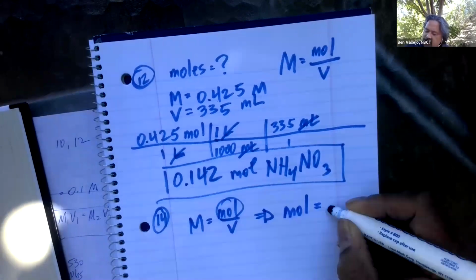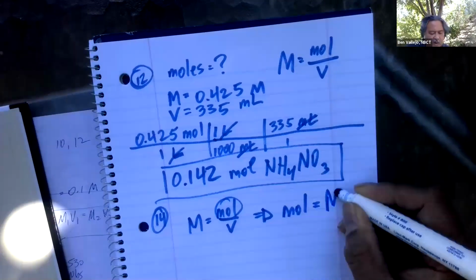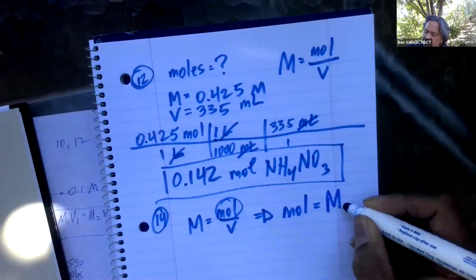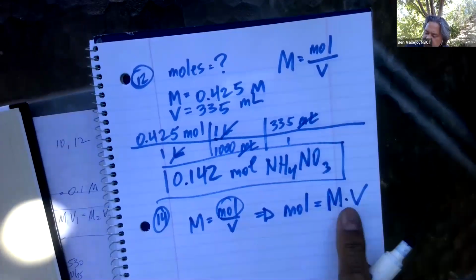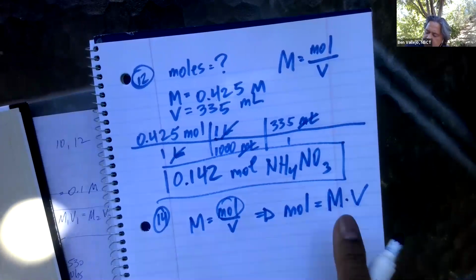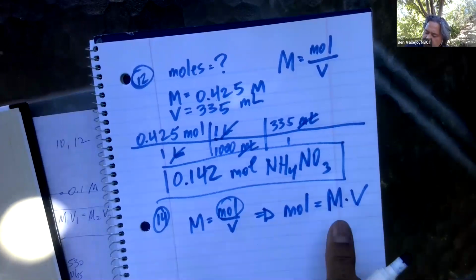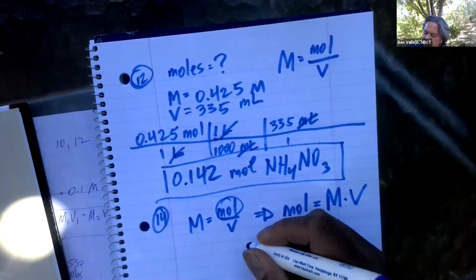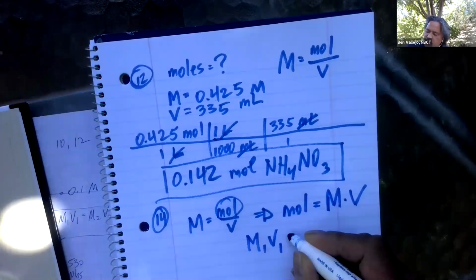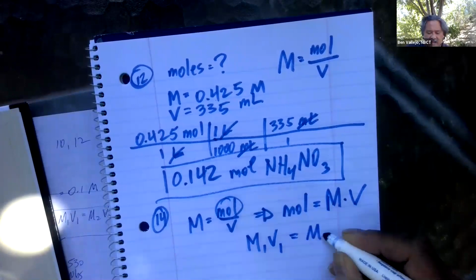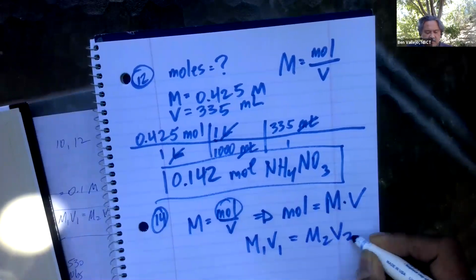But if that's the case, then if we have two different solutions, M1 V1 is going to be equal to M2 V2. And we can cross multiply and use that to figure this out.